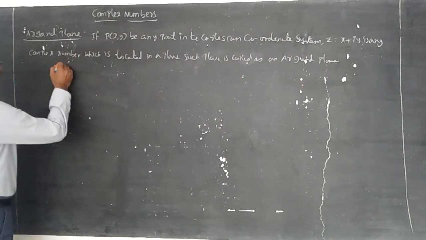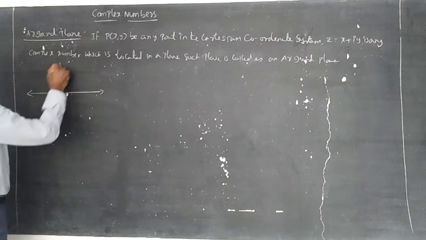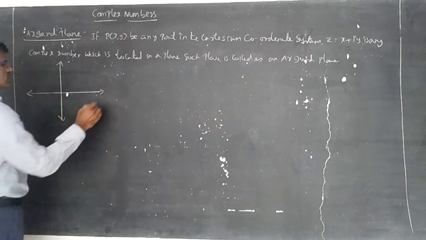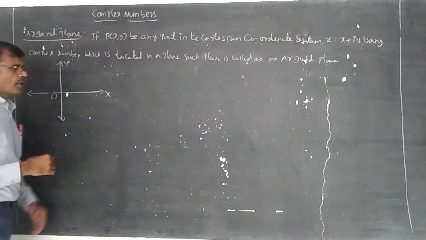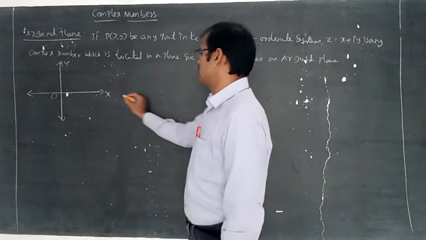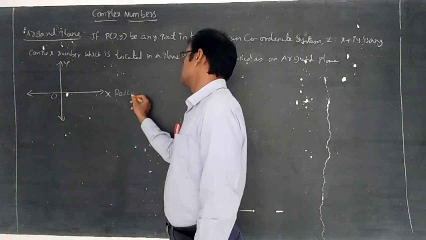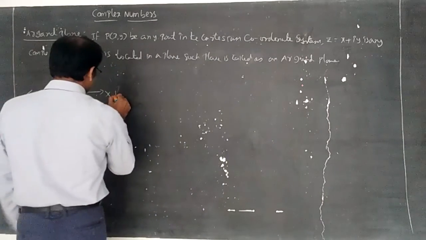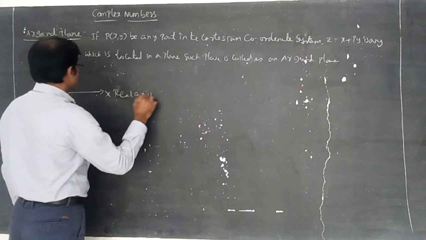Here, what is the plane? Of course, it is nothing but the indication of two-dimensional geometry. Let this be the Argand plane, this is x, this is y. Y meaning here imaginary, x meaning real. This is the real axis.